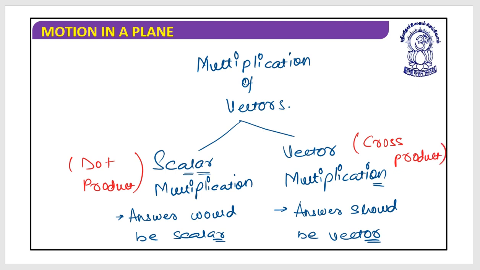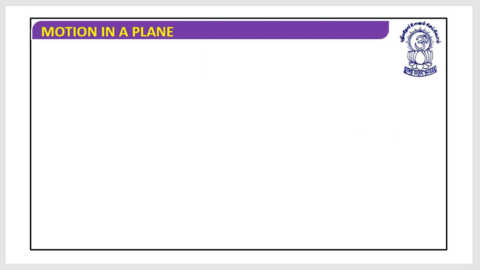So one is the dot product, another is the cross product. Let's begin with the dot product, or scalar multiplication.